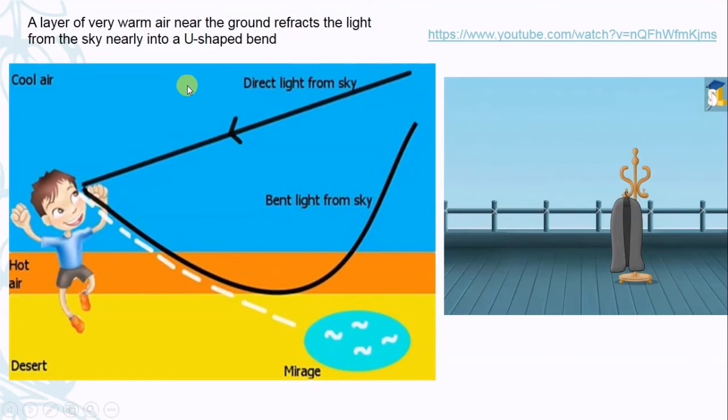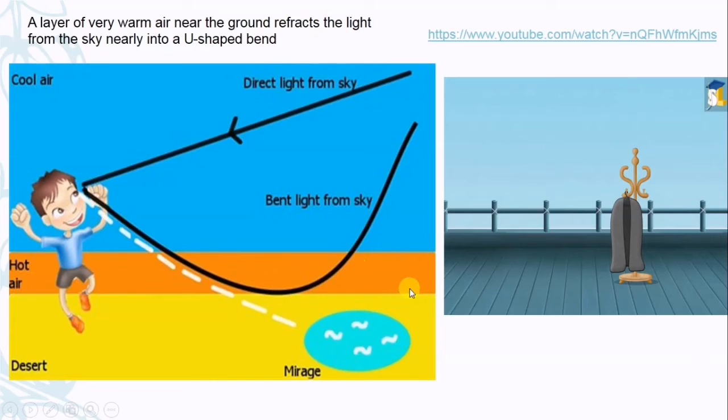This one is cool, which is at higher elevation, and the one which is very close to the sand is hot. So the light coming from the sun is passing first through the cool air, then through the hot air. Which one is more dense? Is it the cool air or the hot air? What do you expect?